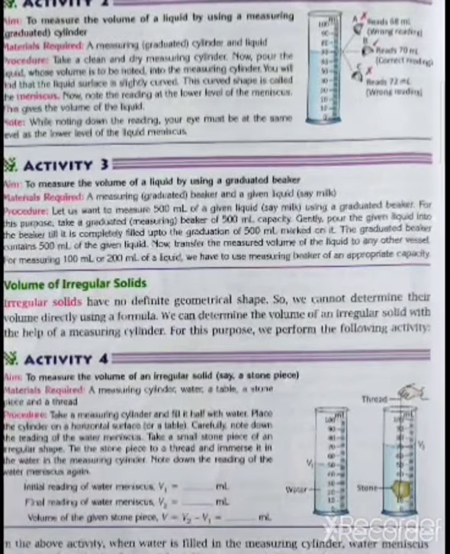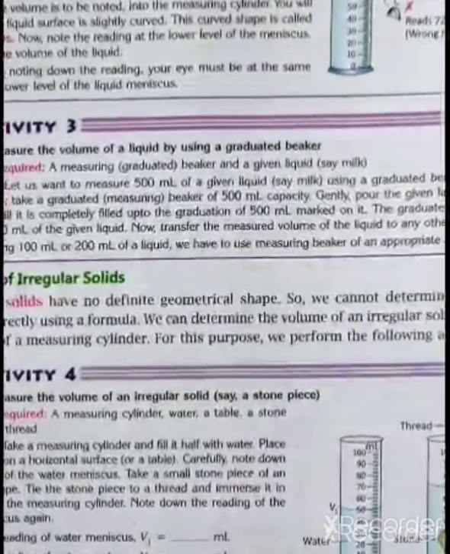So in this diagram you can see that the reading is 70 ml, hence the capacity of this measuring cylinder is 70 ml.